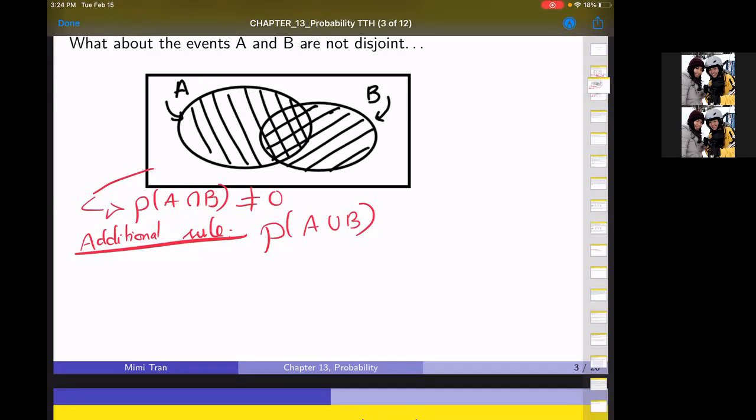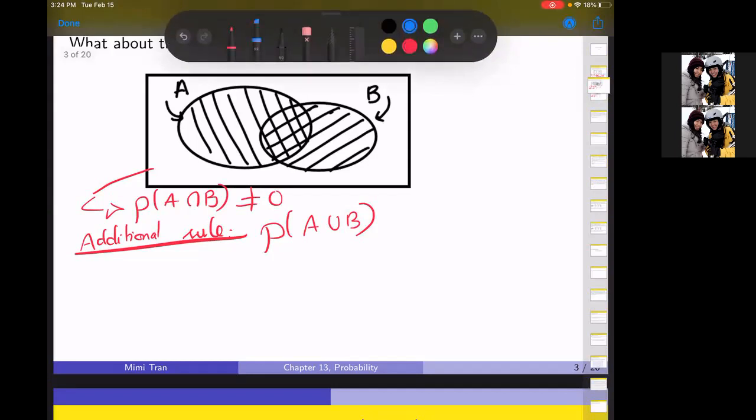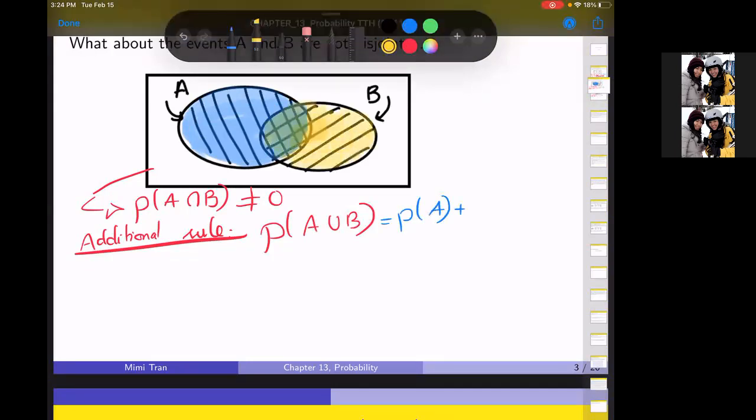So if I want P of A or B, let me highlight something here. I want this. That's P of A. Let me write it down here in blue. This is equal to P of A plus, maybe I'll do yellow, P of B right here. Can you guys see yellow?